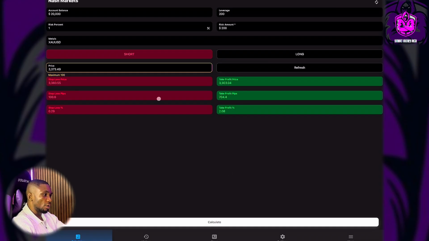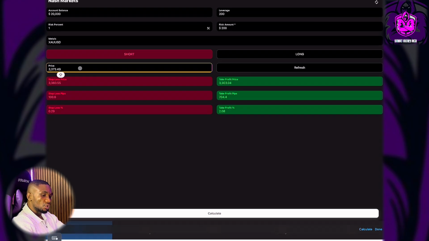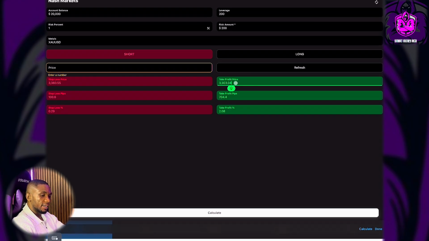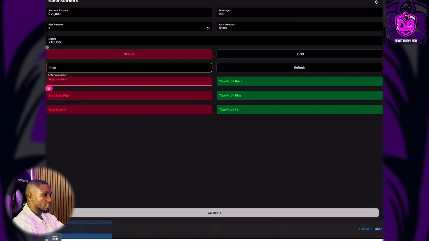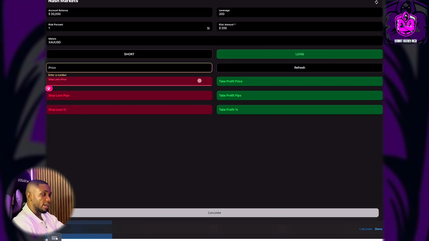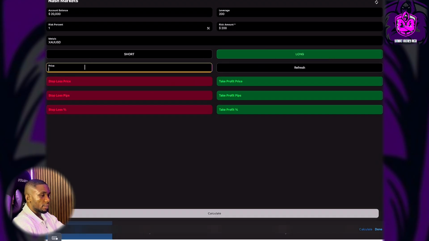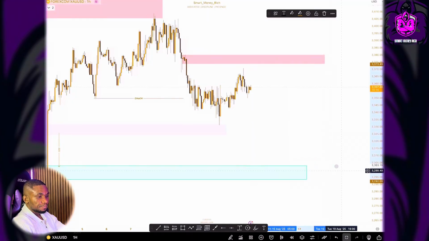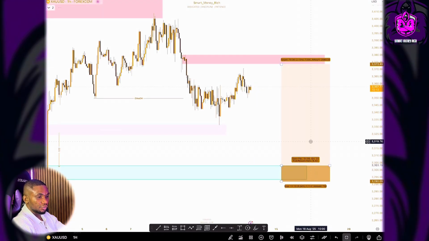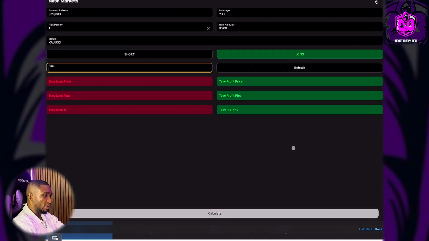We are going long on this particular trade. So I'm going to remove all of these prices so we actually start afresh. So right now I'll click the long position, no longer the short position. Then I'll put my price. So right here, my entry price is 3303.19.